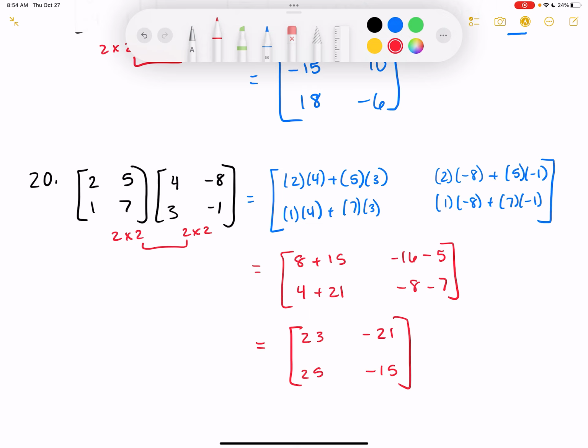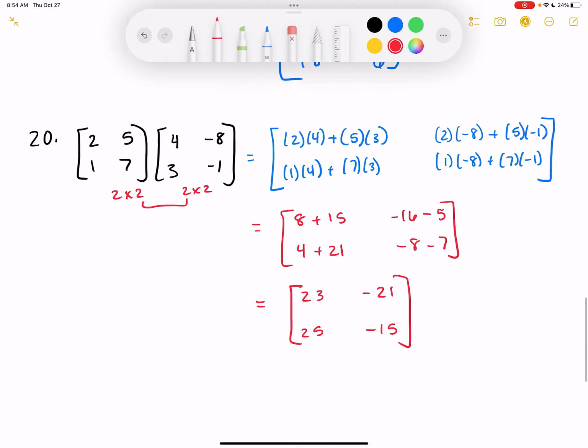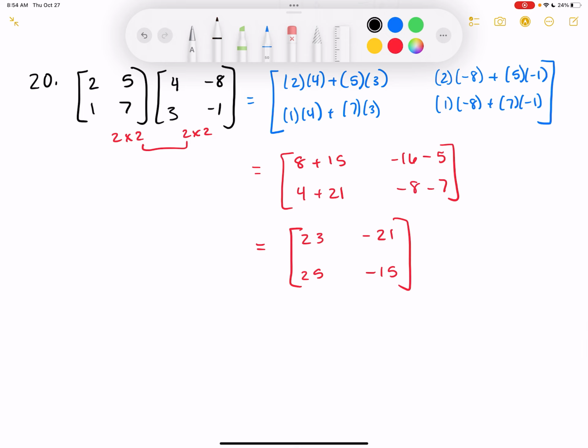All right, I'm going to backtrack one even problem to number 18, just for a minute. Got 2, 5, -1, 4, 3, -7. And then I've got 0, 1, 5, -3, 10, -4.